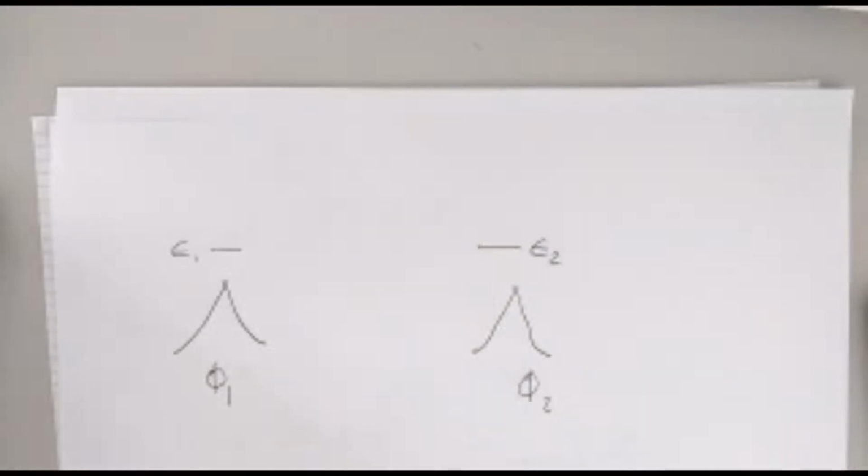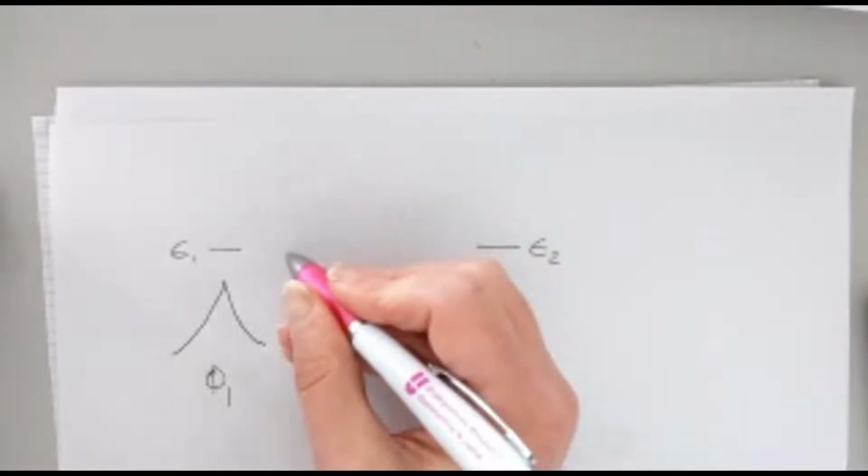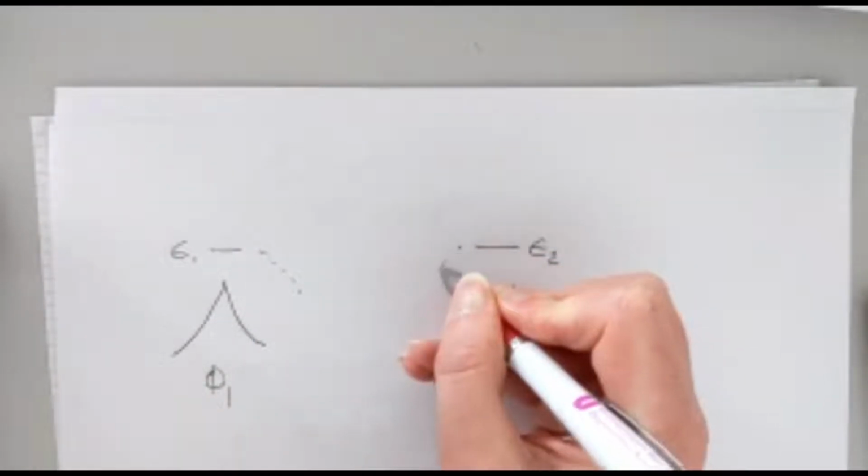If we bring them, where's my hands? We bring them together and let them interact. I'll do that with a dotted line.